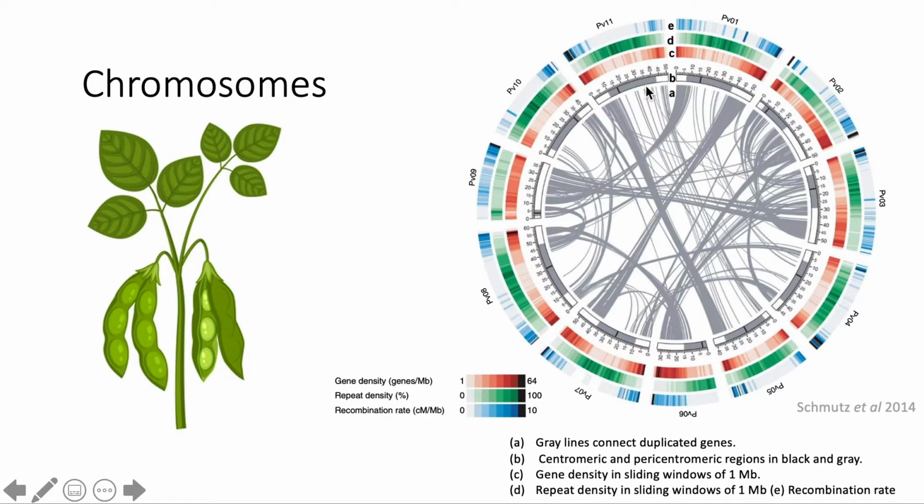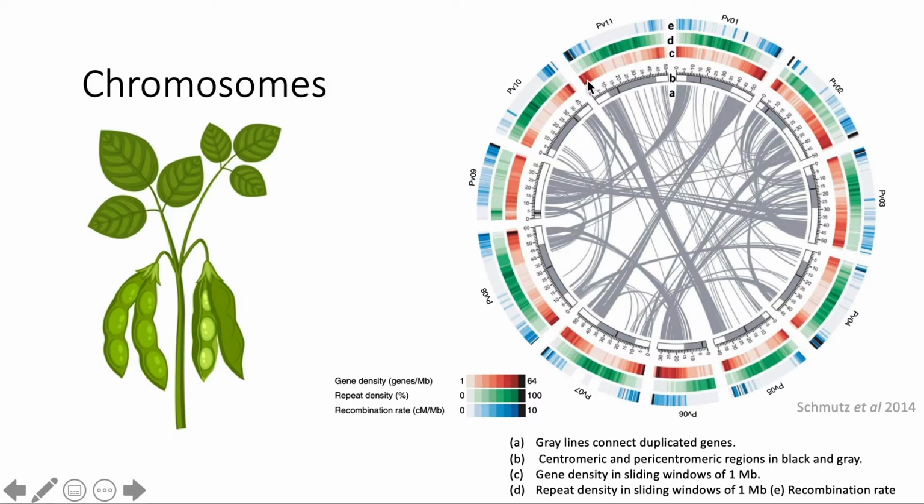So common bean has 11 chromosomes, and this is a paper of 2014 that was the reference genome paper in common bean. As you can see here, this red-black line is the centromere, and the gray color represents the pericentromeric region. And here there is some interesting information to share.